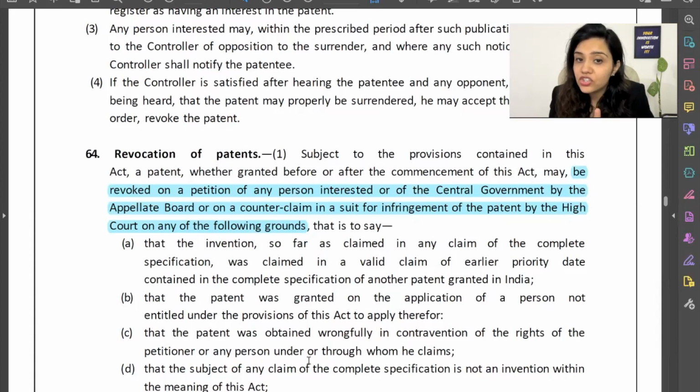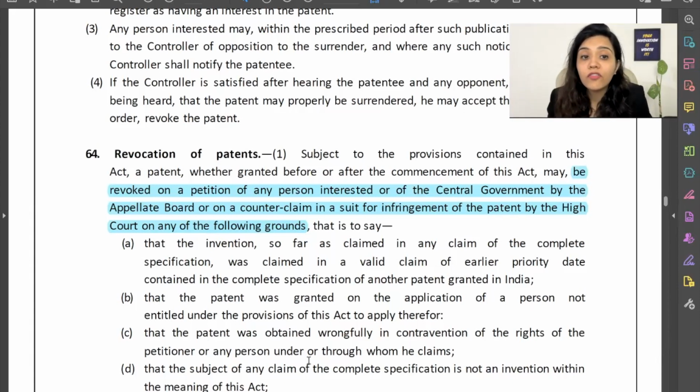It can be revoked first on a petition by any person interested. Like I told in the previous section, mostly whenever a patent has been granted, post grant processes take place. For example, post grant opposition takes place. Who can do a post grant opposition? Any interested person can do a post grant opposition.